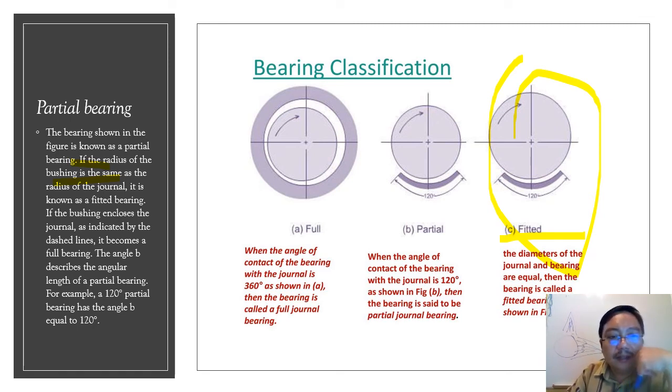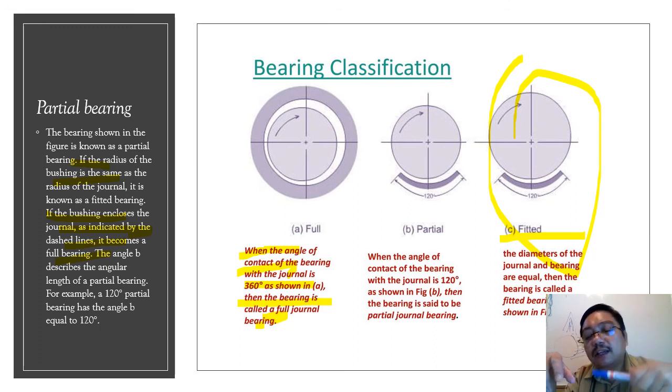When the bushing encloses the journal as indicated in the dash line, it becomes a full bearing. When the angle of contact of the bearing with the journal is 360 degrees, it is called a full bearing journal, meaning that eventually the journal will become full of lubricant because of this action.